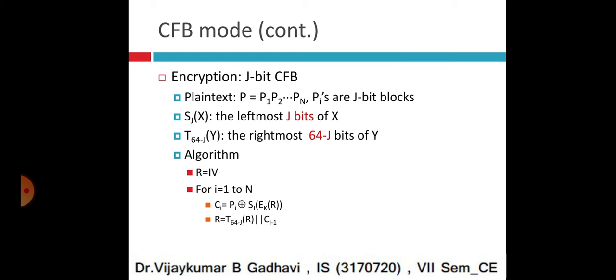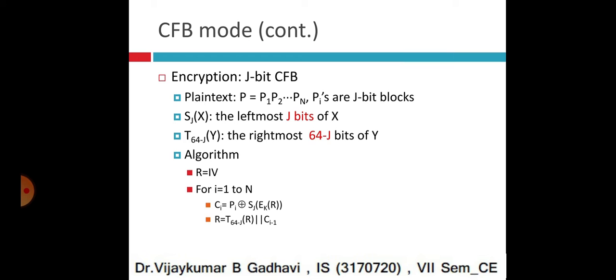Here Sj of x is the leftmost j bits of x. T 64 minus j of y is the rightmost 64 minus j bits of y. Here we also consider the algorithm R is equal to IV. Here we enter a loop, i is equal to 1 to n.